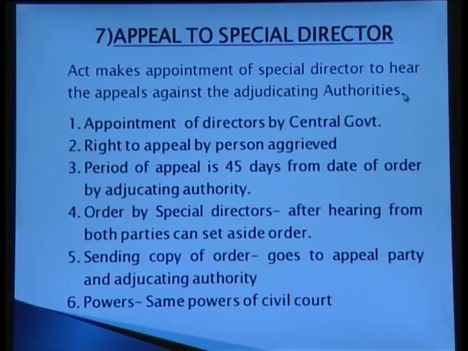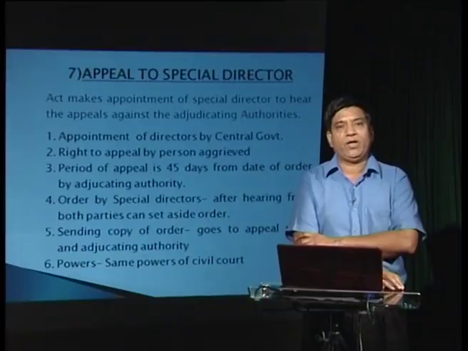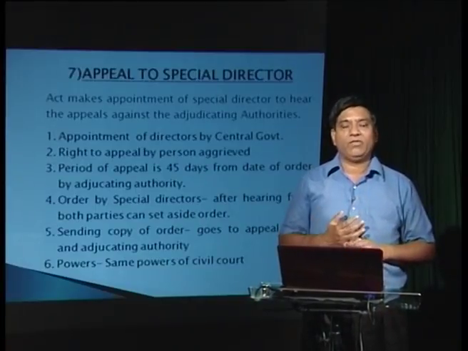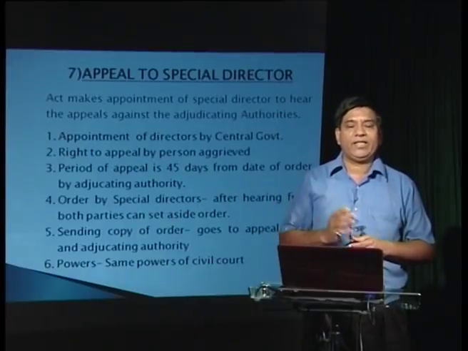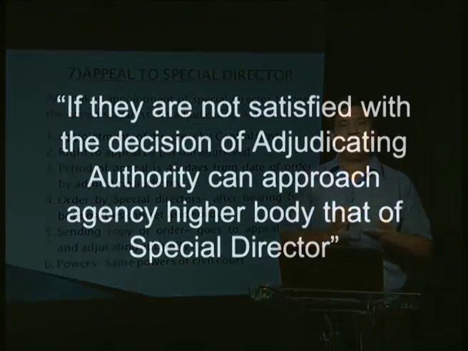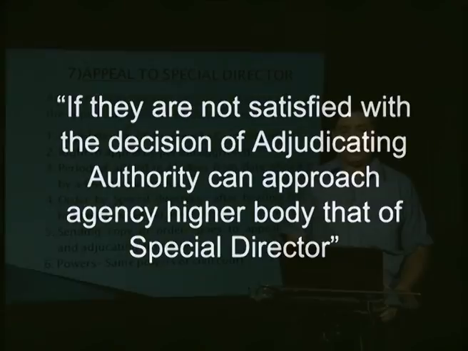If a complaint was lodged, the adjudicating authority gave the defaulter an opportunity to appear personally or through a legal practitioner, and then the decision was given either favoring the complainant or exonerating the defaulter. Either party, if not satisfied with the decision, can approach a higher body, that of a special director.